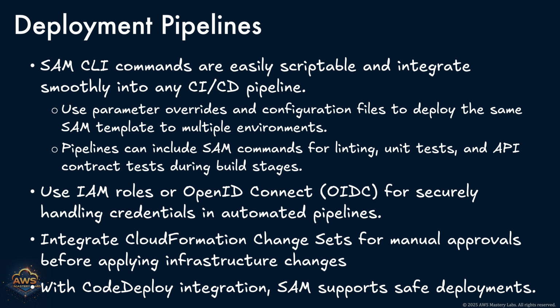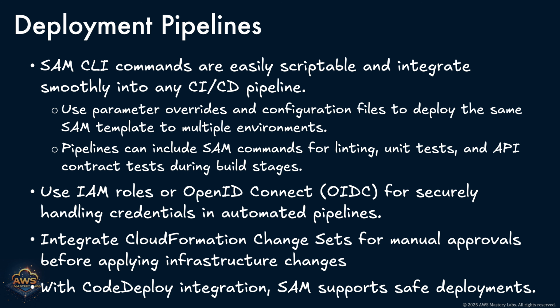Security is built in too. Pipelines can use IAM roles or OIDC to securely access AWS resources without exposing credentials, a must for secure and scalable automation. For more controlled deployments, SAM supports CloudFormation change sets, allowing you to preview and approve infrastructure changes before they're applied.